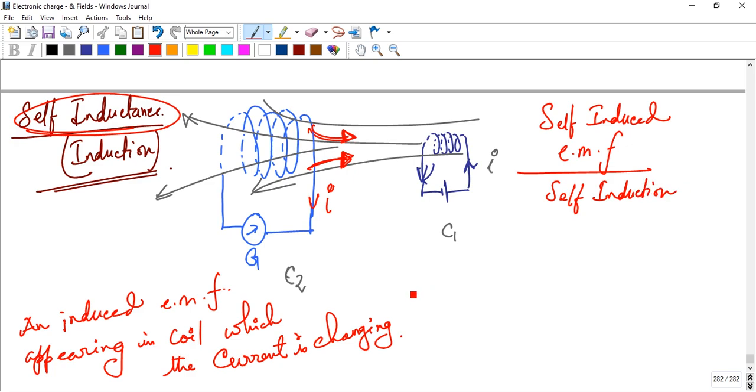In self induction, the flux linkage N phi B is proportional to I, and that N phi B is equal to L I.